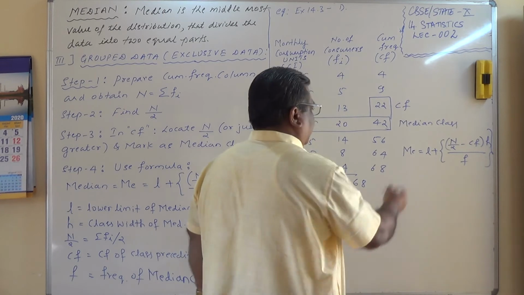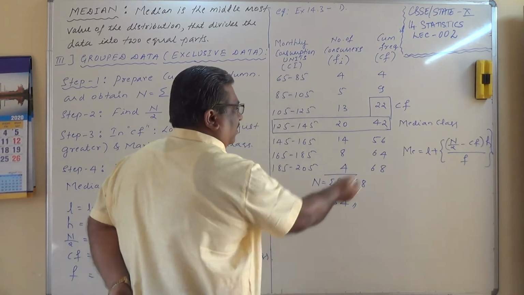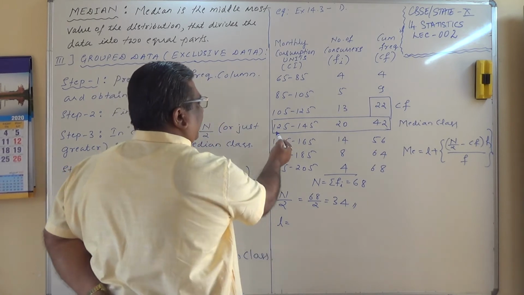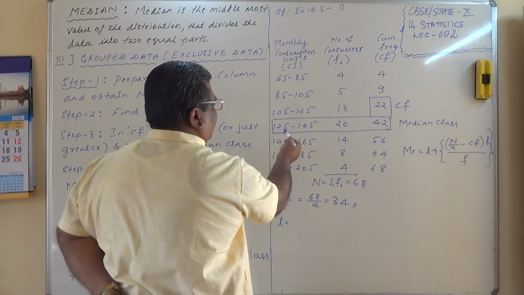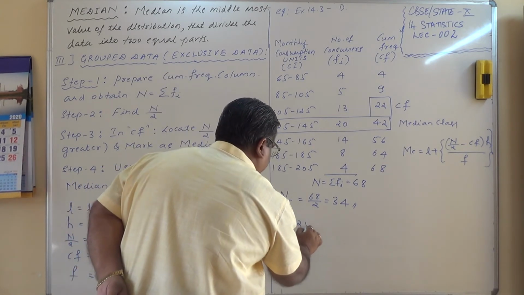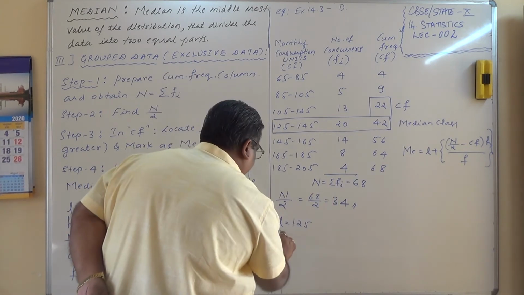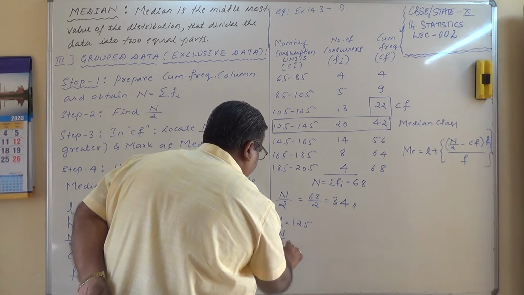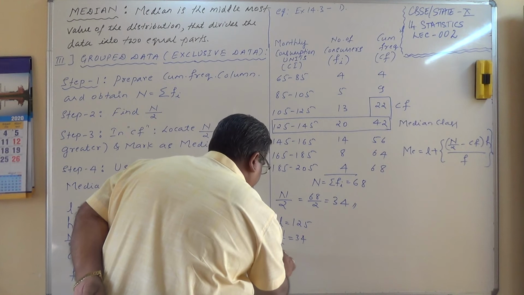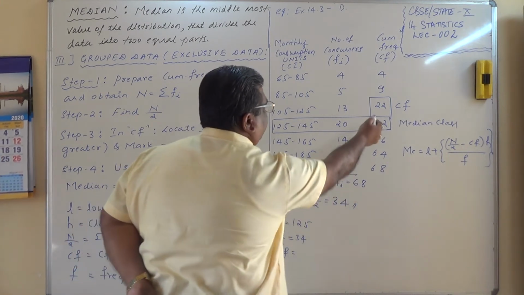Okay, fine. Let me populate the values. What do I require? L, the lower limit of the median class interval. Median class interval is 125 to 145. Lower limit is 125. Then I want n by 2, which is 34. Then I want CF. CF is equal to 22.